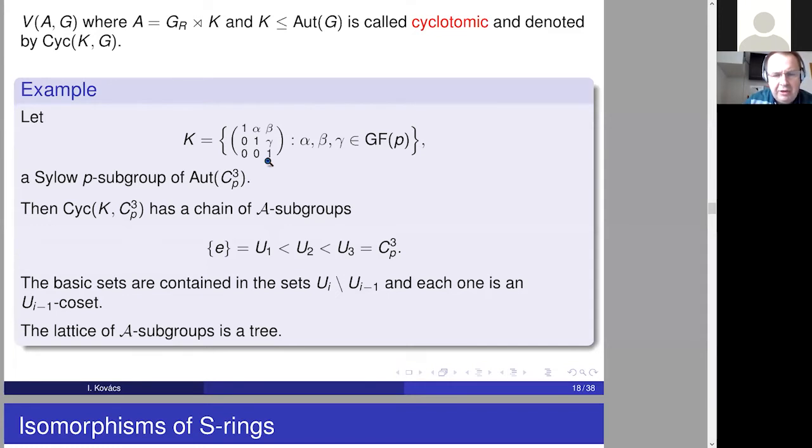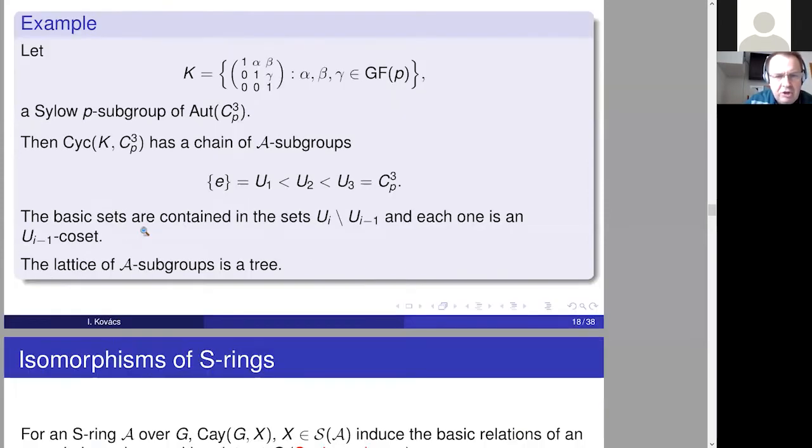Then you have two other subgroups fixed by this group, of order p squared, and of course the full group. That means you have a chain of A-subgroups, and it also turns out that any orbit, or any basic set contained in such a difference, is just a coset of a subgroup of U_{i-1}. These are all the A-subgroups, so the lattice is a chain.